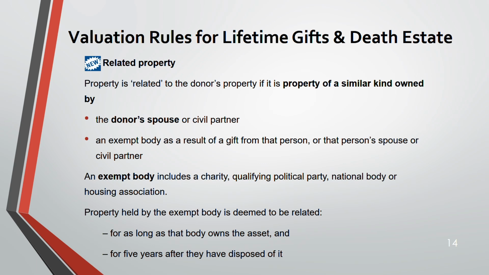See, why related? When a property is related, they are brought together and dealt with together. So let's say you have a property, your spouse has a property, and both are related. Or you are giving a property to an exempt body and it's related to you, and that exempt body owns the asset, and for 5 years after they have disposed of it.